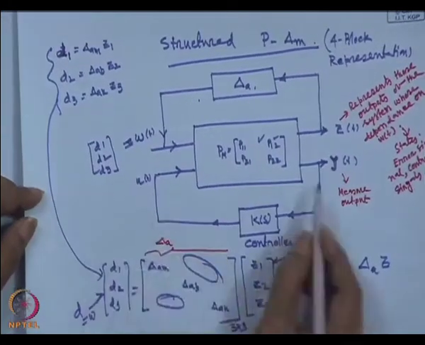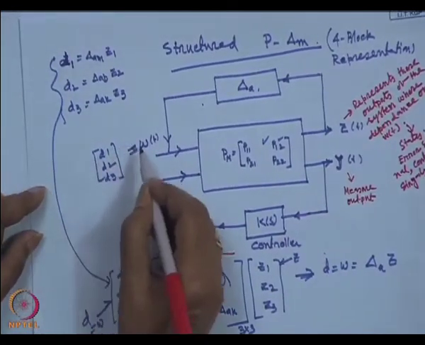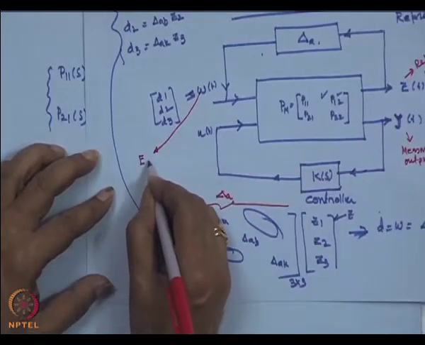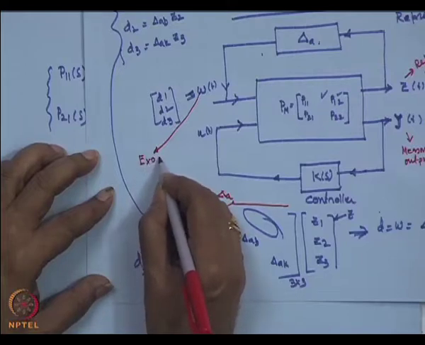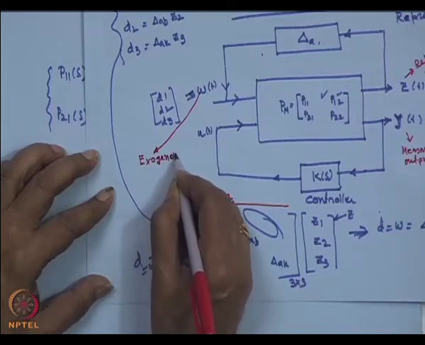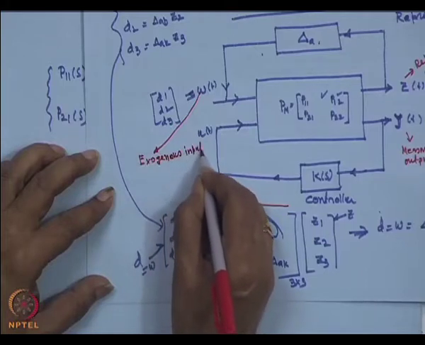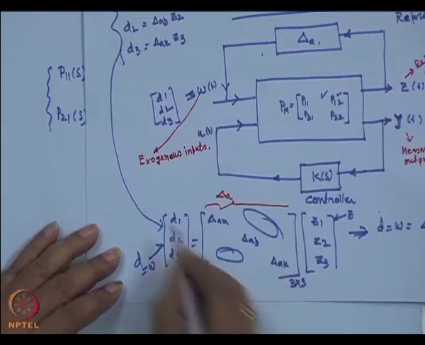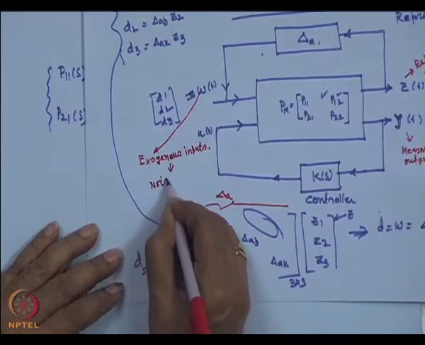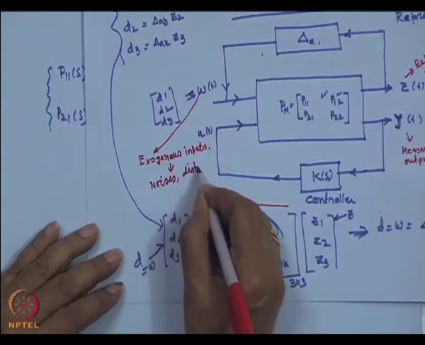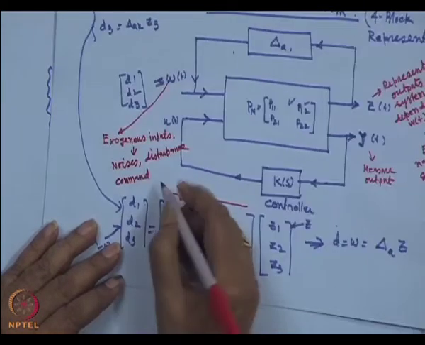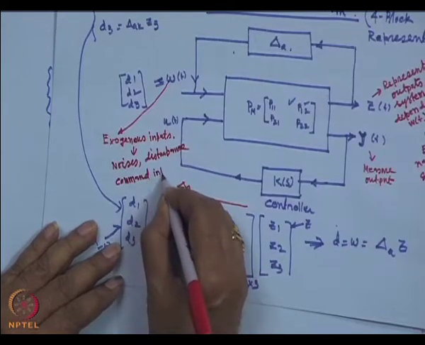And this is the control environment, and W is in general the exogenous input, as I told you, exogenous, that we do not have any control over: noise, disturbances and command inputs.